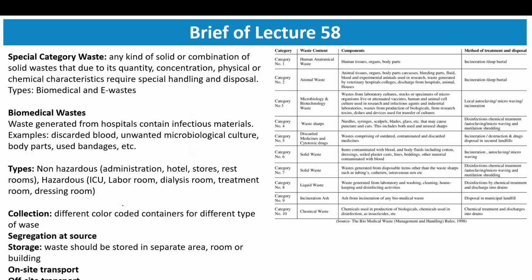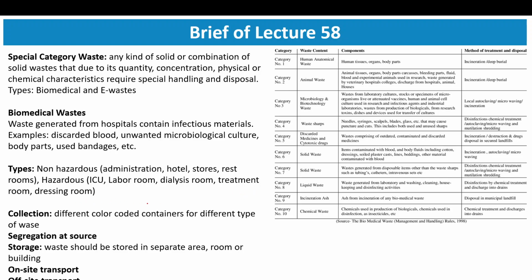So you need to have different color-coded containers. The material of the container also needs to be decided based on the type of waste you are dealing with. If you are dealing with gloves, you might have one container, and if you are disposing of needles and blades, you need different containers.